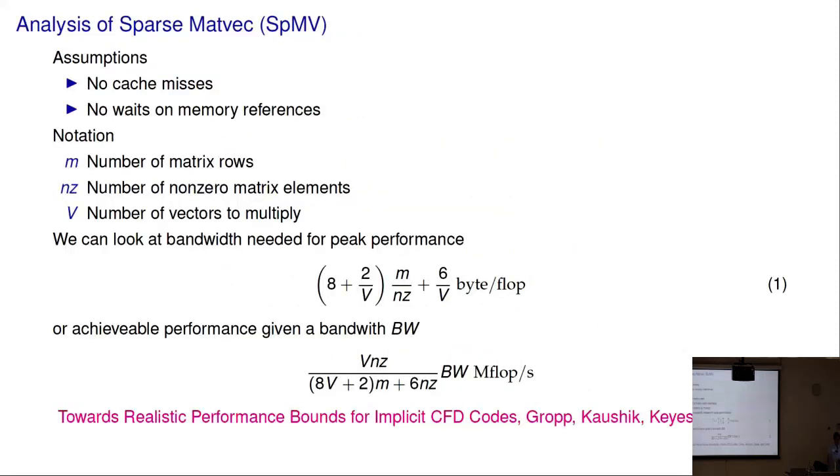And you can do more complicated analyses. I encourage you to look at a really good paper, a 1999 paper. This is actually a link to it if you download the slides, where Bill Gropp, Dinesh Kaushik, David Keyes, and Barry did a very nice analysis of the cost of a sparse matrix vector multiplication.